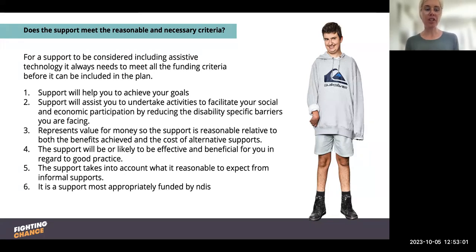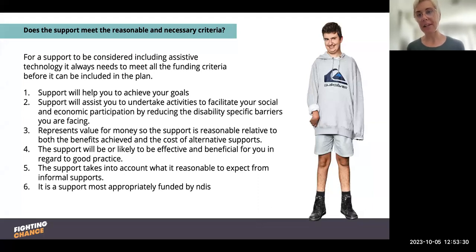And then the support takes into account what's reasonable to expect from informal supports. If it's someone over 18, it can be easily justified that it's not parental responsibility, and absolutely not the responsibility of a partner, although the NDIA will try and push that as much as they can.